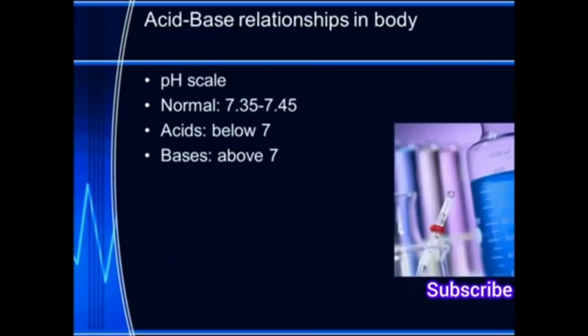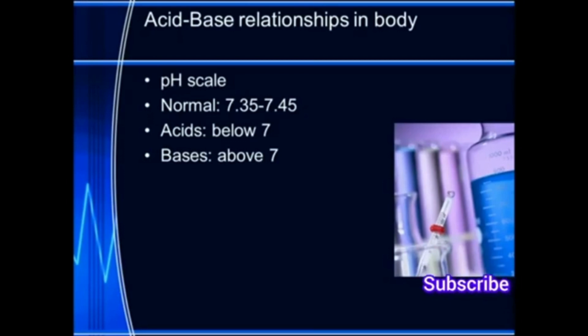Now, when we look at homeostasis, another very important term that you need to become familiar with and have a basic understanding of is acid-base relationships in our body. We have, as I mentioned, combinations where we have different molecules and different compounds that interact with one another.